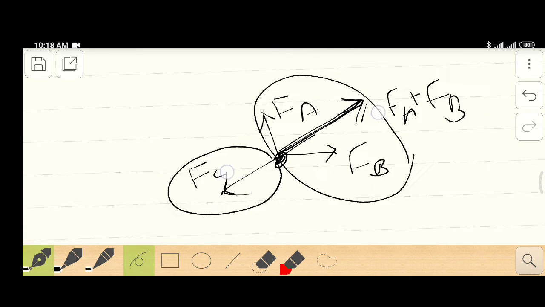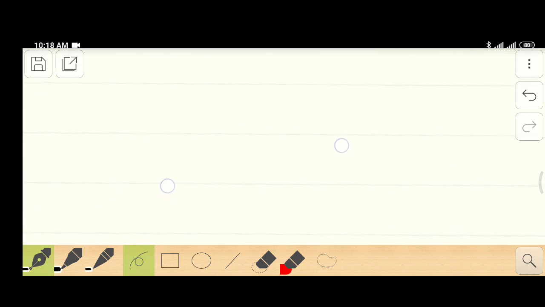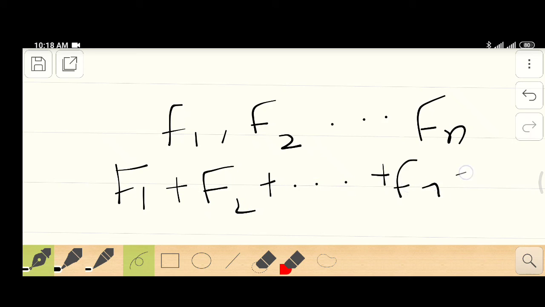In such a way, if you are considering n number of forces like F1, F2, up to Fn, then the net force will be 0, that is F1 plus F2 plus up to plus Fn is equal to 0. Then you can apply the first law of motion there.